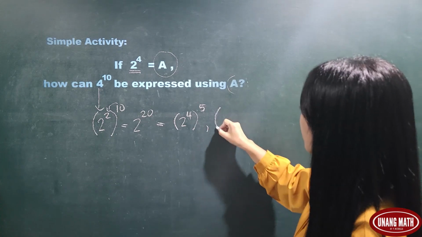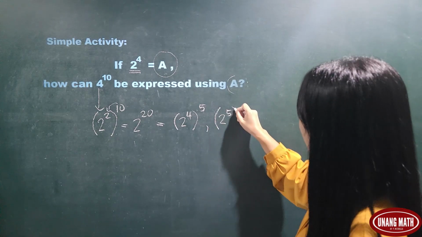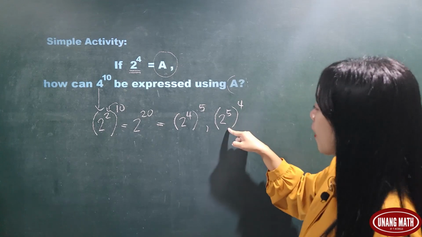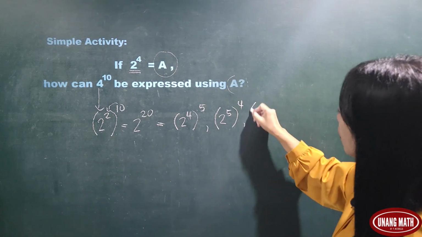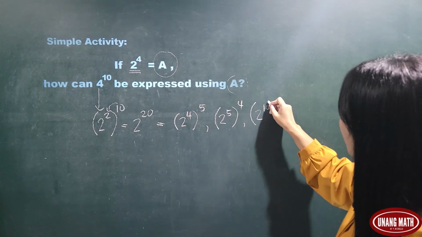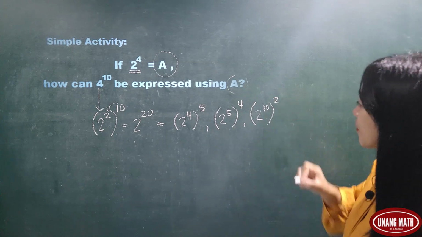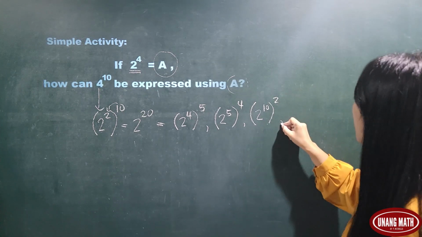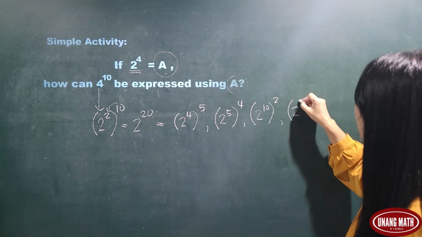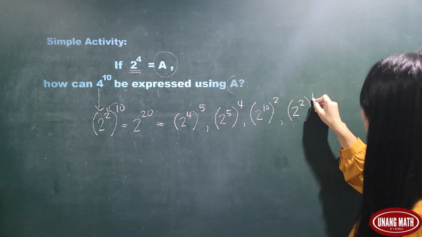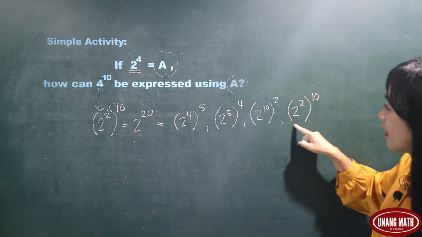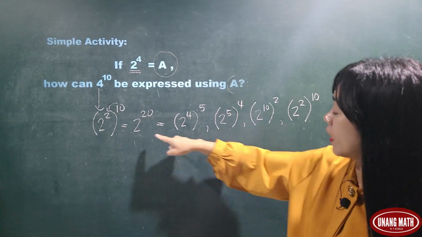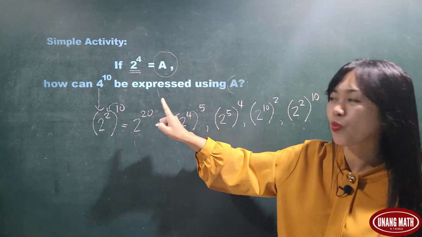Okay, another: 2 raised to the power of 5 inside the parentheses and raise it to the power of 4. It can also be 2 raised to the power of 10 inside the parentheses and raise it to the power of 2. Okay, or 2 raised to the power of 2 inside the parentheses and raise it to the power of 10. These are all equal to 2 raised to the power of 20.